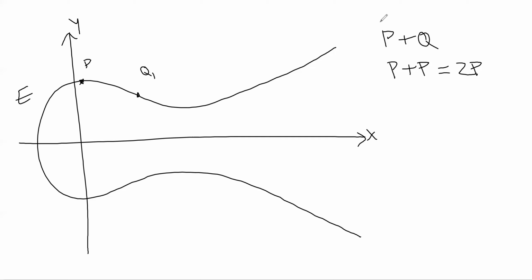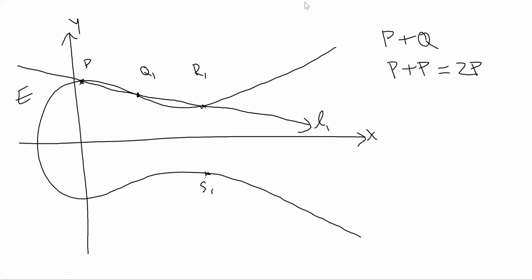Again, we're going to have our secant line. This is a straight line, so let's make it a little bit straighter. So L1, and we're going to draw our point R1 where it intersects E again, and then obviously P plus Q1, we'll call that S1, is down here, which is R1 reflected over the x-axis.